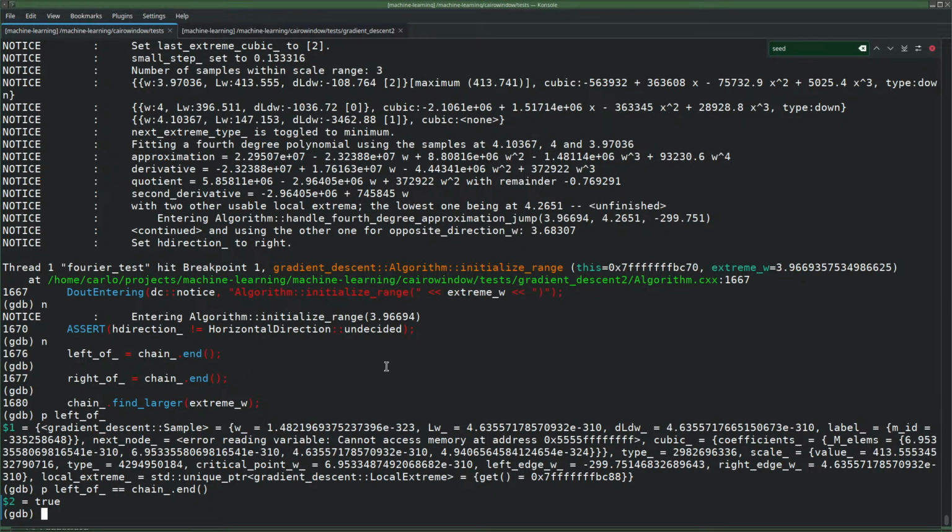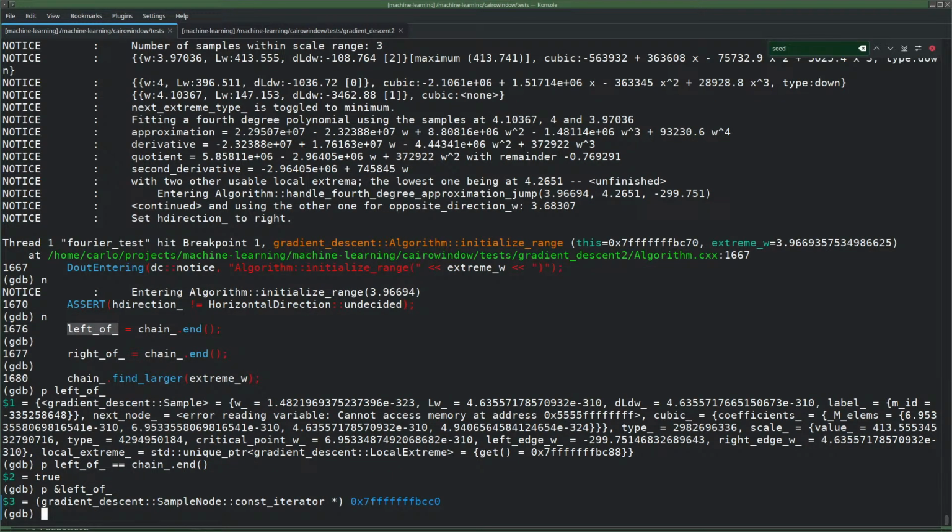Okay, yeah, well, I'm just going to set a watch point on the value of left off and then see where it gets corrupted, I suppose. Print the address of left off. I have no idea what the size is of that const iterator. Probably 8.